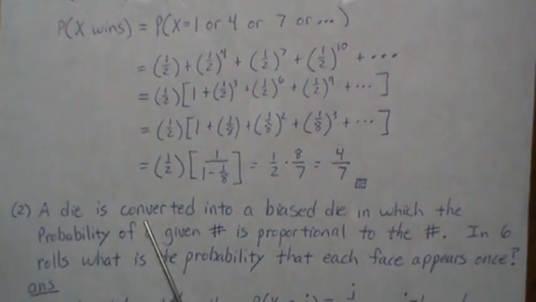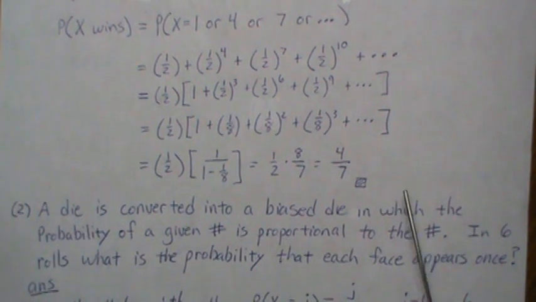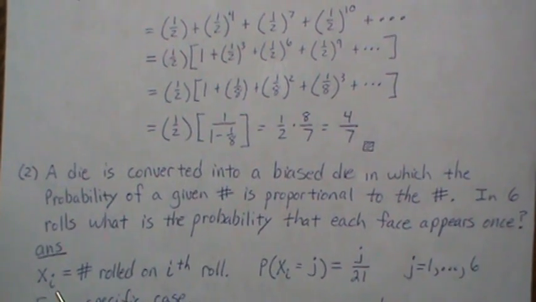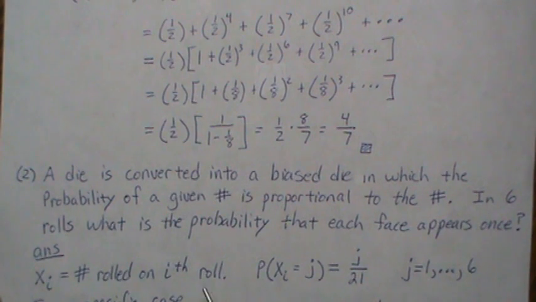Next problem. A die is converted into a biased die in which the probability of a given number is proportional to that number. So in 6 rolls, what is the probability that each face appears once? So here's the answer. Let Xi be the number rolled on the ith roll.